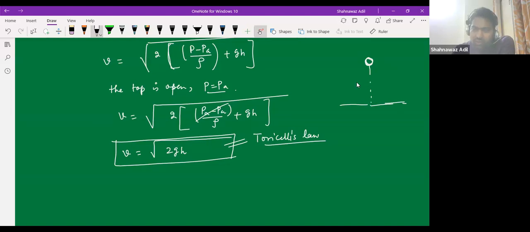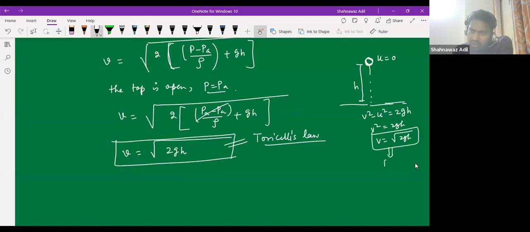Initial speed is 0, the height is h, and v square minus u square is 2gh. So u is 0, so v is root 2gh. So this is a free fall, right? Yes, sir.